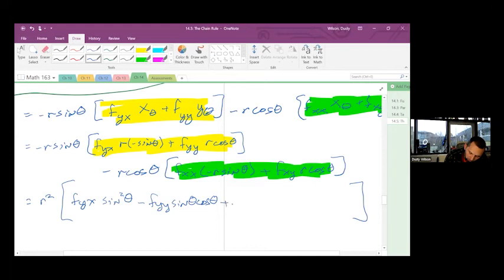And then plus fxx sine cosine. And then minus fxy cosine squared.